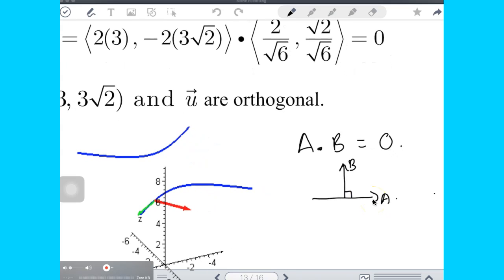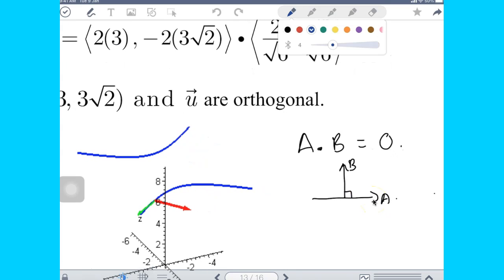Here A is the gradient f, so the unit tangent vector is perpendicular to gradient f.